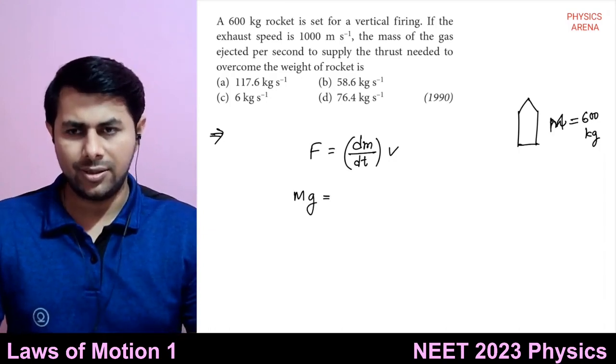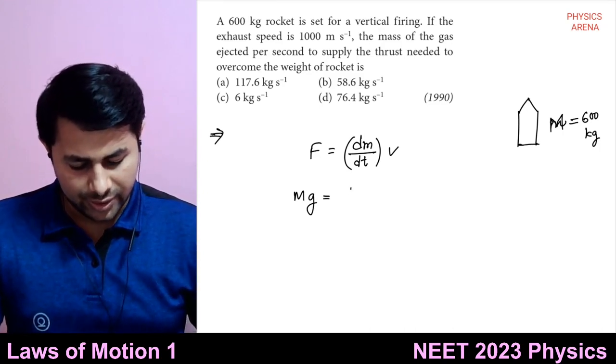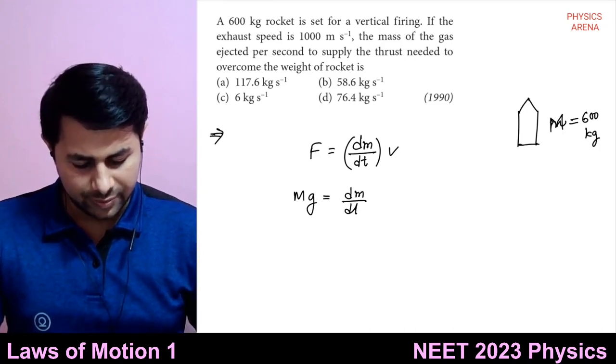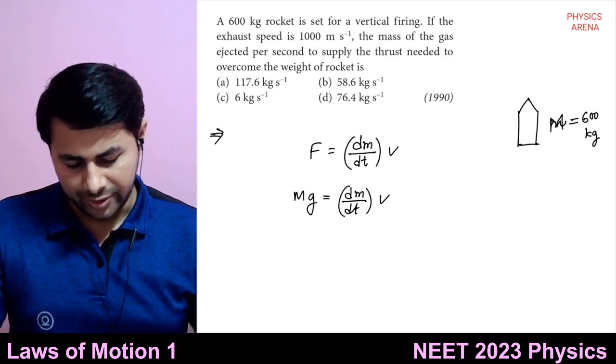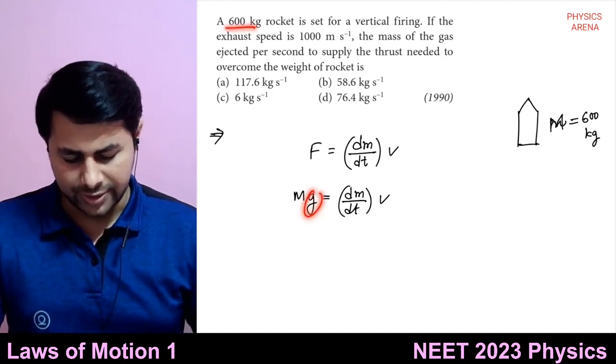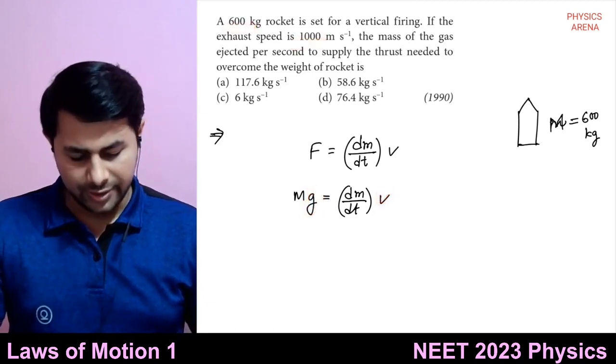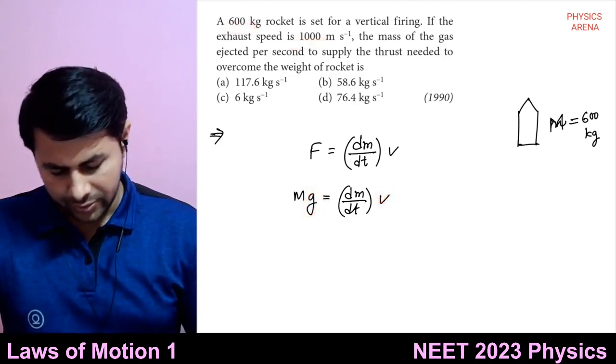This is clear? Yes, sir. So this is equal to dm by dt multiplied with V. We have mass of the rocket, we have G, of course, it's 10, and exhaust speed V is how much? It is 1000. So let's put the values.